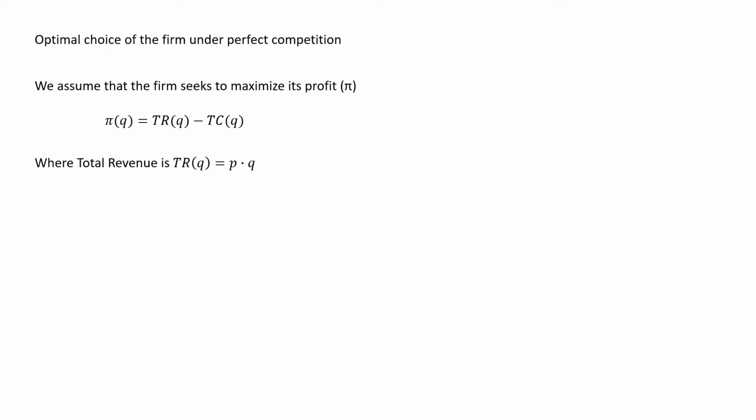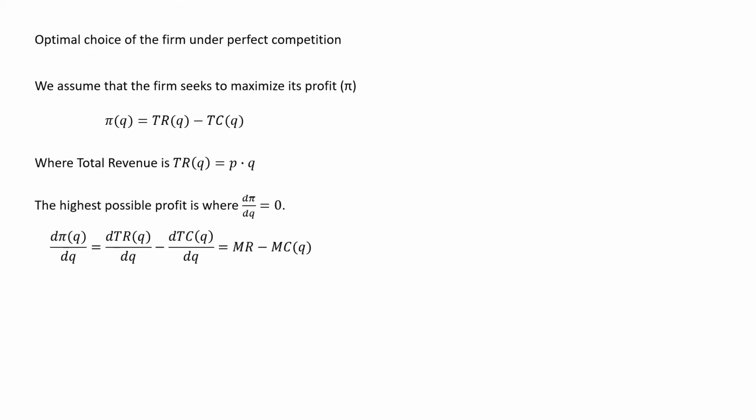The total revenue in this case is just market price times the output of the firm. And price, don't forget that, in a perfectly competitive market, will be fixed and will not depend on lowercase q. This makes the mathematics much easier. The highest possible profit is where the first derivative of profit with respect to output is zero.